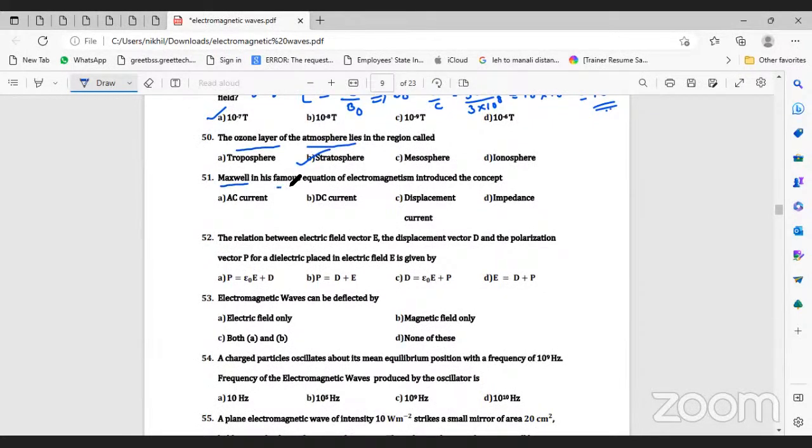Maxwell, in his famous equations of electromagnetism, introduced the concept of what? Displacement current, no?